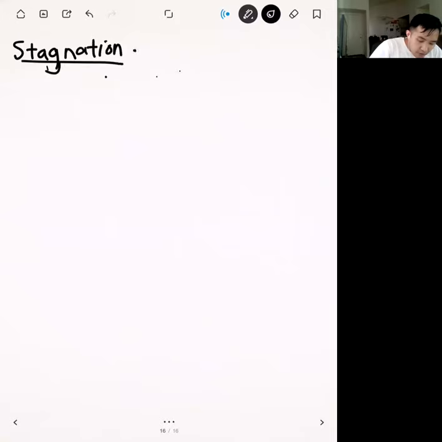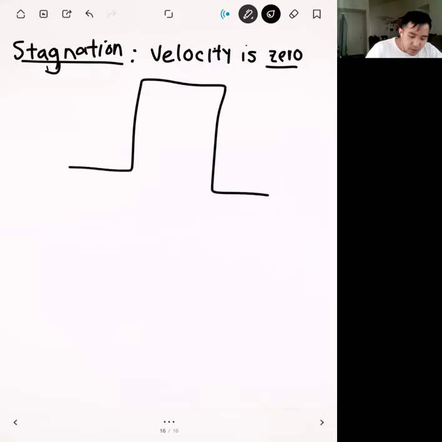The first thing is stagnation. Whenever you hear that term, all that means is that the velocity is 0. The example that we introduced it with was, say that we have a building and we have air that's hitting the building.